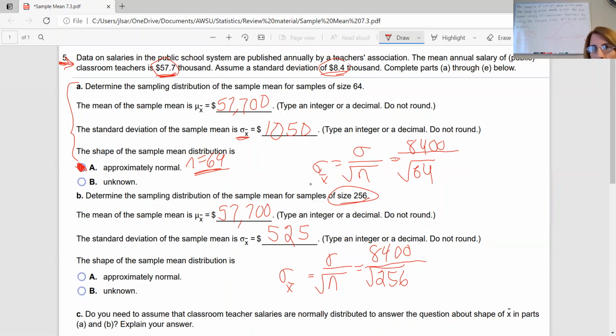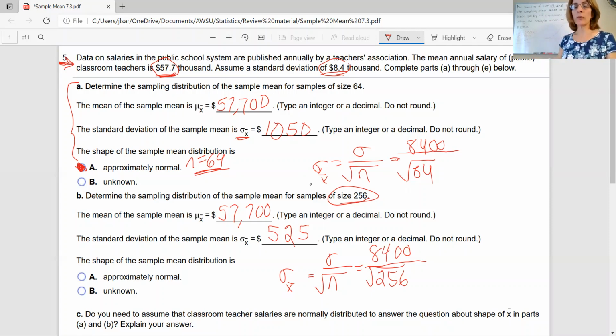This intuitively should make sense to you because as your sample size gets larger, the standard deviation of your sample mean should get smaller. Why? Because each individual X bar that you calculate should be clustered closer to the mean as our sample size is getting bigger. We're approaching the size of the population, which means we're going to get better estimates.